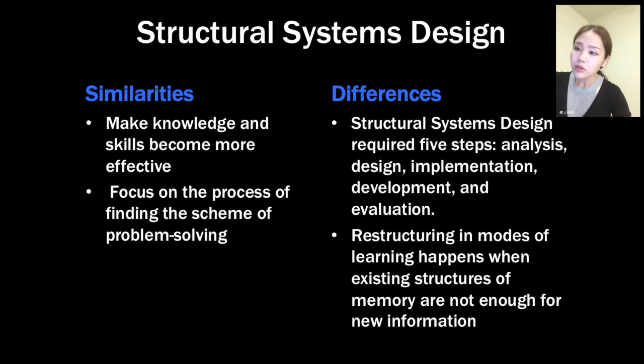However, structural system design needs to follow 5 steps to design instruction. Restructuring as a mode of learning happens only when existing structures of memory are not enough for new information, and it does not have fixed steps.